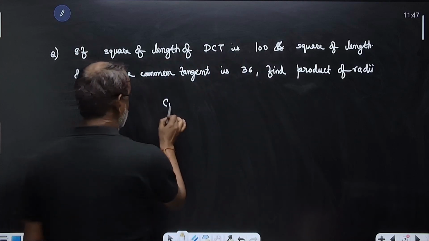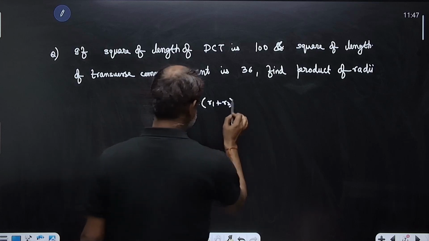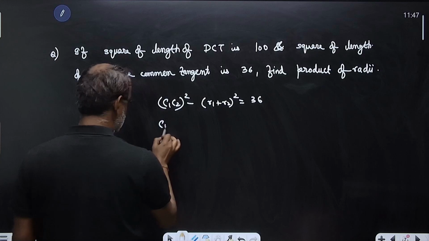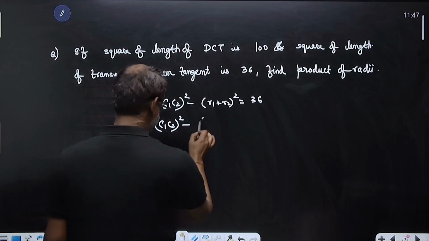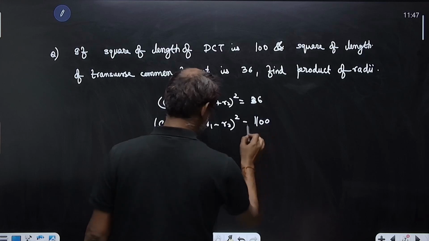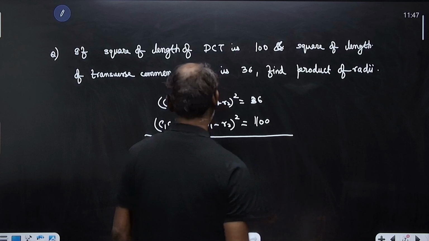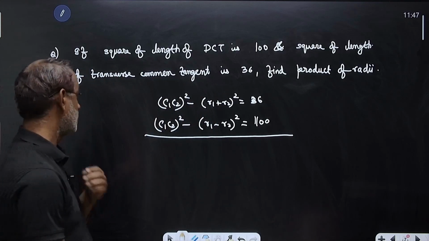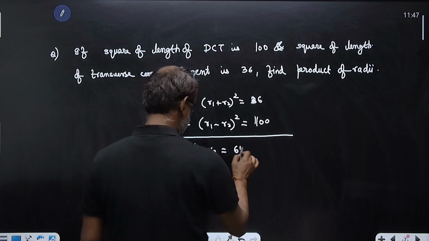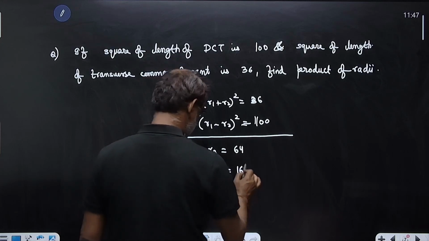So what we just found out, the expression is 36 and C1C2 whole square is 100. Just subtract it. Okay, so 4R1R2 is 64. So R1R2 is 16.